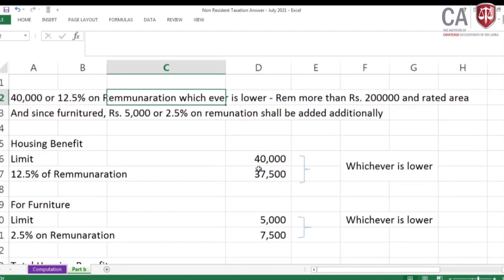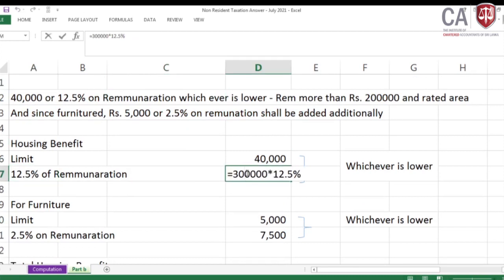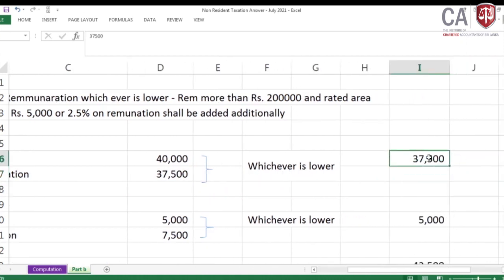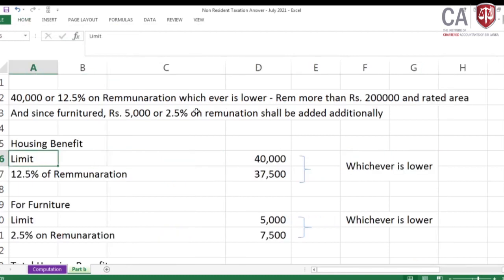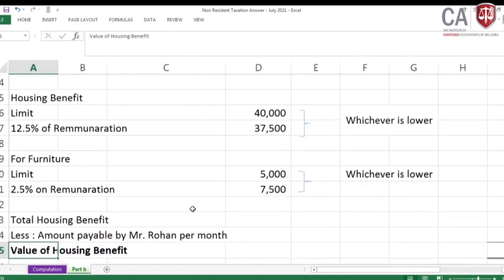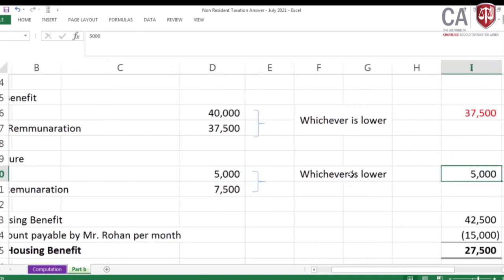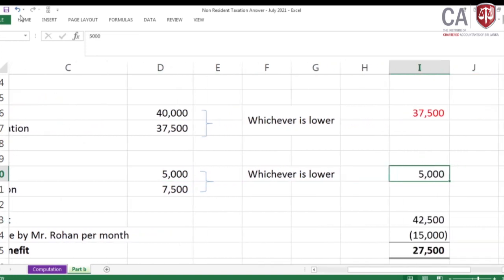Then for housing benefit, the limit given is 40,000 in this document, and 12.5% of the remuneration of 300,000 is 37,500. Whichever is lower, the lowest value is 37,500. For the furniture, the limit is 5,000 and 2.5% on remuneration. Whichever is lower, obviously the lower one is 5,000, as I mentioned previously.